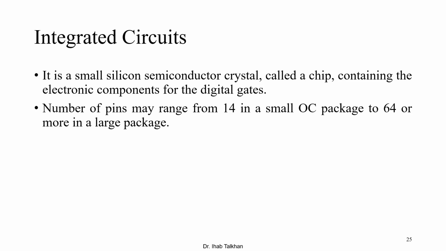The legs are assigned to a certain input, output, VCC, ground, a clock, and so on. This is the outside, and we control the inside of the chip through these pins. So the more pins you have, the more control you can do, but with a limited number of pins, it is not that possible to control the IC inside.